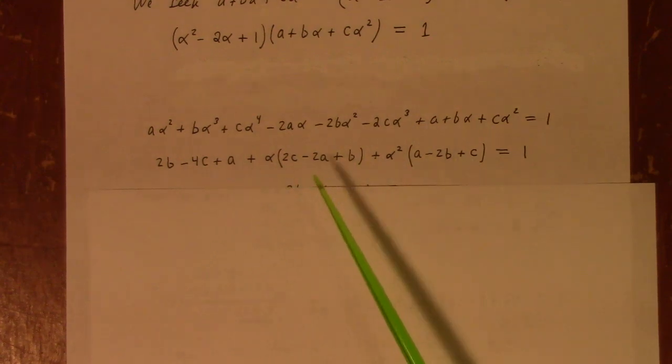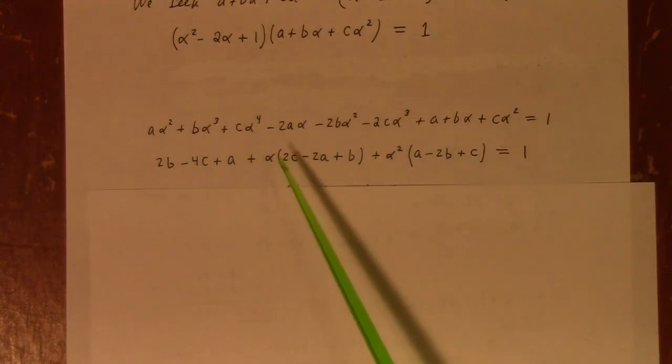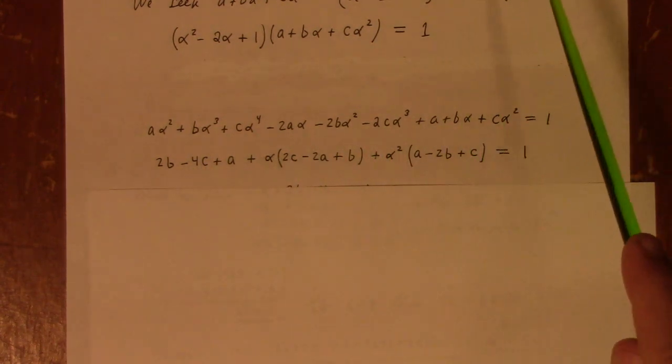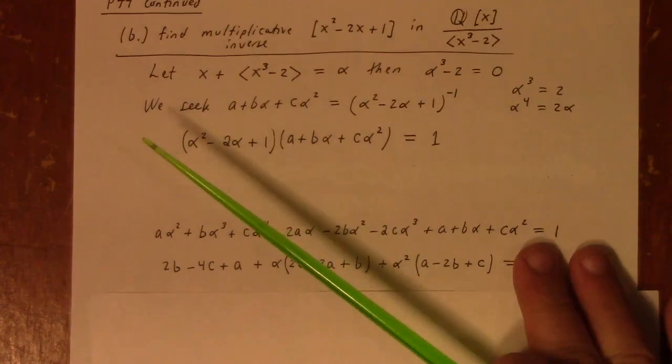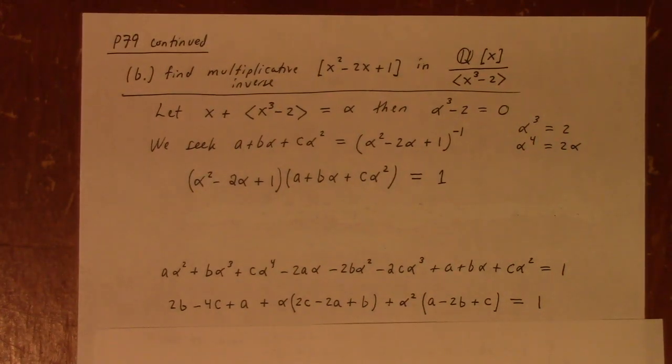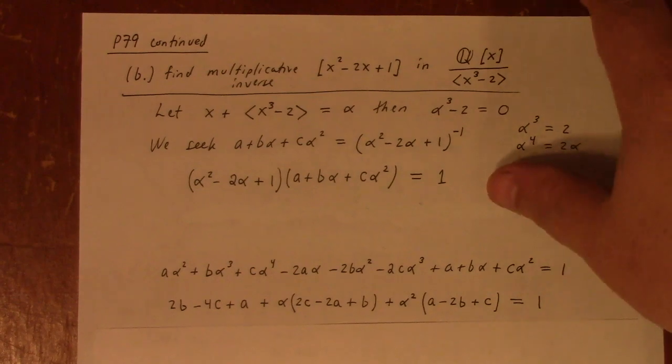We have a theorem which says that these have to be separately 0 because 1, alpha, alpha squared is linearly independent, because alpha cubed minus 2 is an irreducible polynomial, and as such these are linearly independent, as a theorem you can prove.